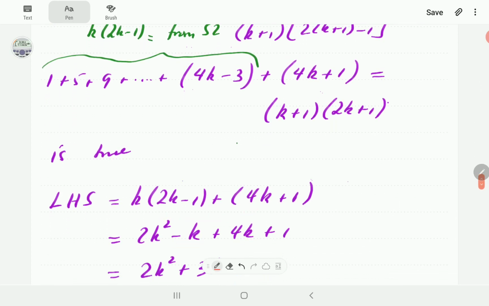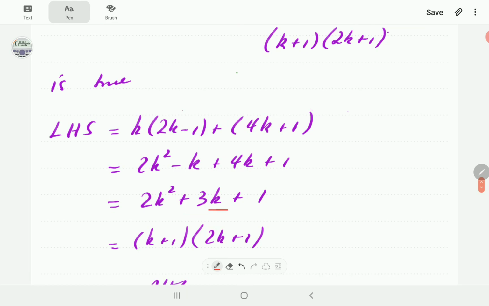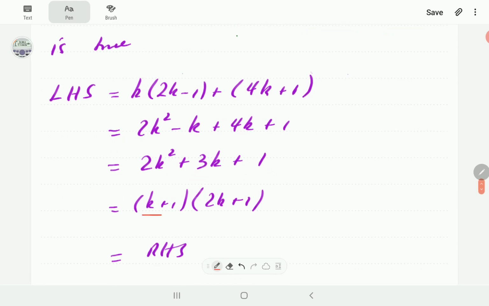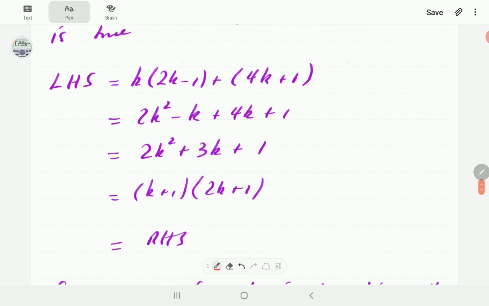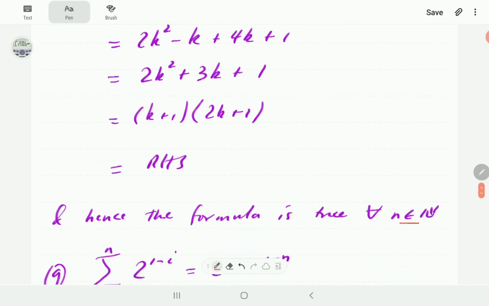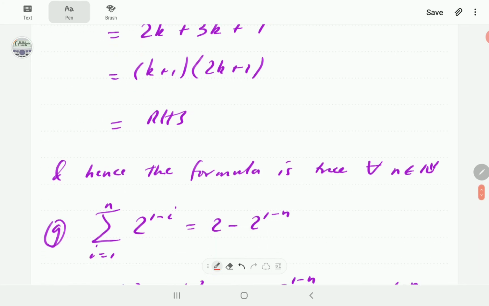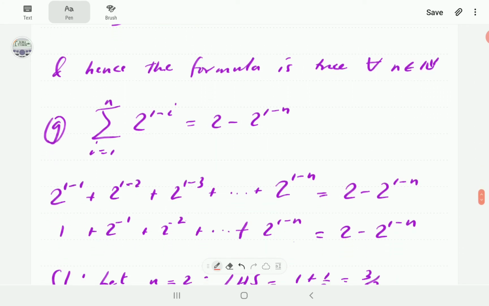Then we combine these two and get 2k squared plus 3k plus 1. This can be factorized into (k+1)(2k+1), which is the same as the right hand side here. And so this formula is true for all natural numbers.